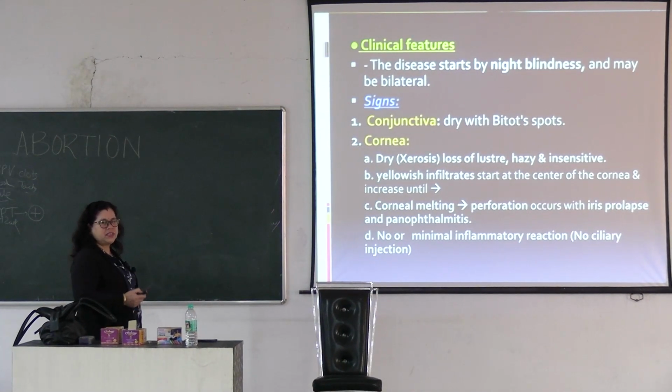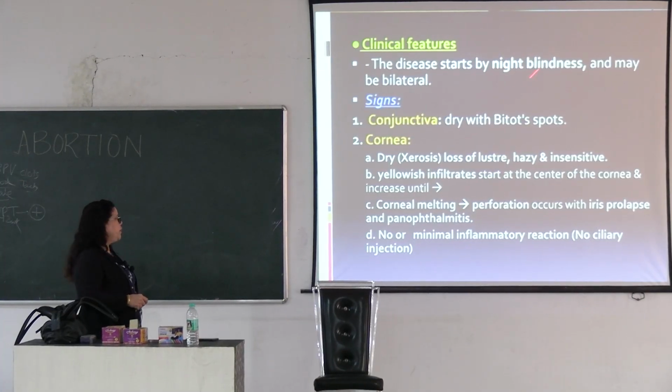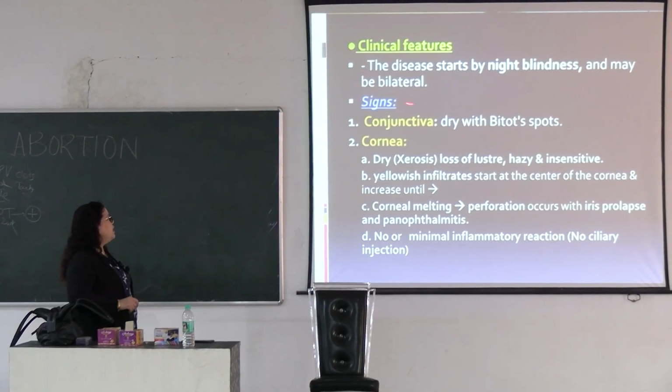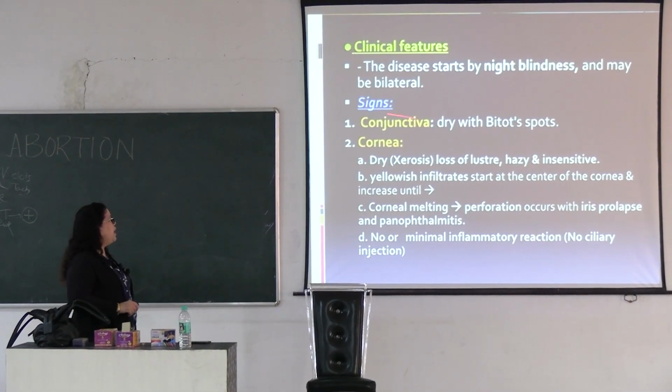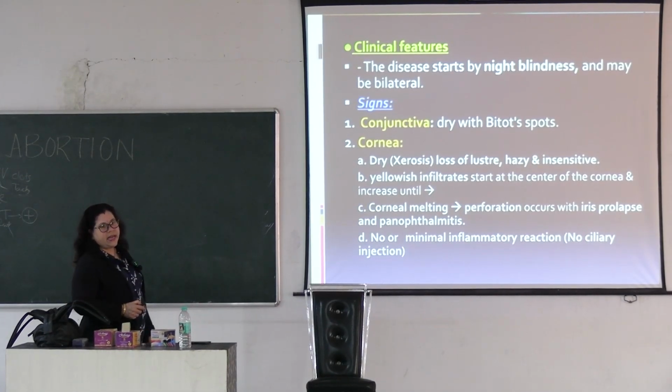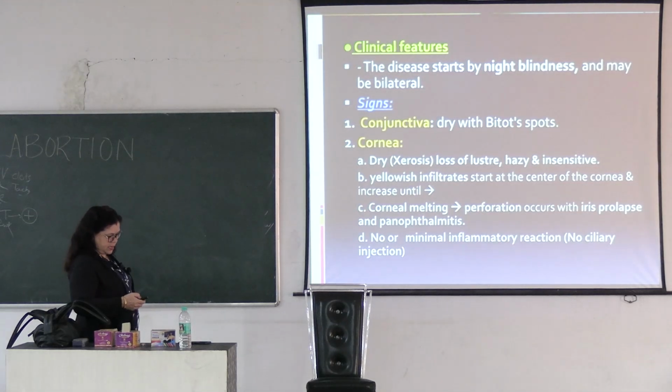Panophthalmitis means inflammation of the whole eye. Endophthalmitis means inflammation of the inner layers of the eyeball. In nutritional blindness, this kind of ulcer has less inflammatory reaction, because it is due to nutrition, and the signs that occur are due to the dryness.